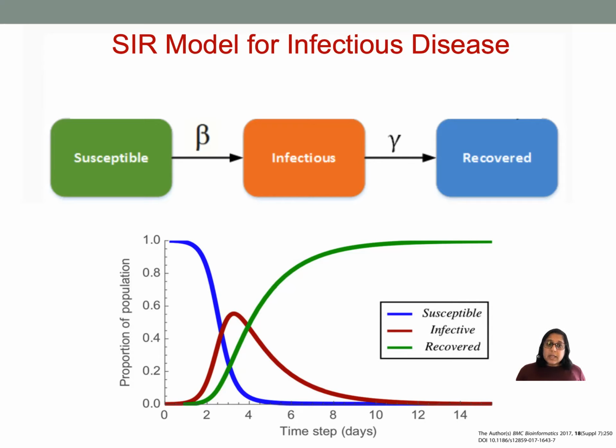Now, in reality, you're not going to have no susceptible people at the end. It's not going to be 0%. And that's because of something called herd immunity, which we'll get to in the next video. And likewise, not everybody would have been recovered because not everybody would have gotten sick. But to a first approximation, this is roughly accurate.